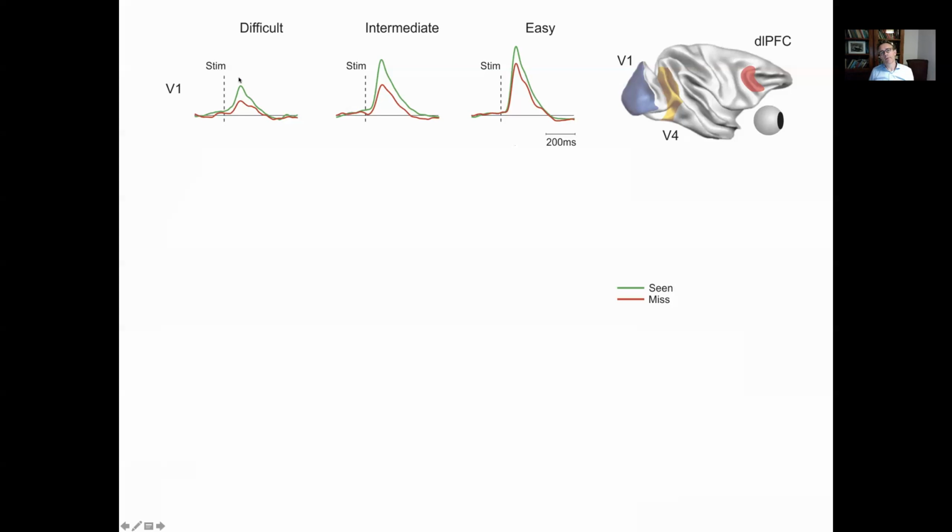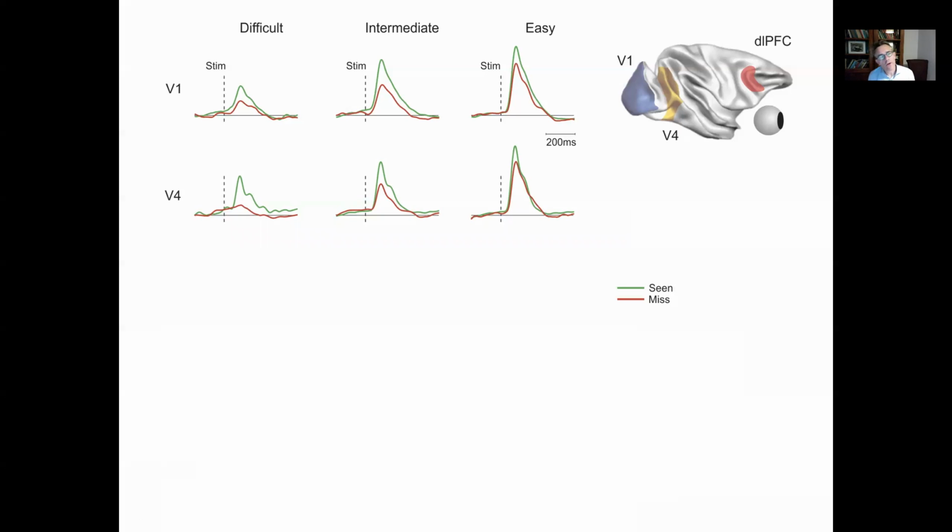Okay, this implies that a certain level of activity in V1 is no guarantee that the stimulus will reach conscious awareness. So the implication is that the information can also get lost downstream from primary visual cortex.